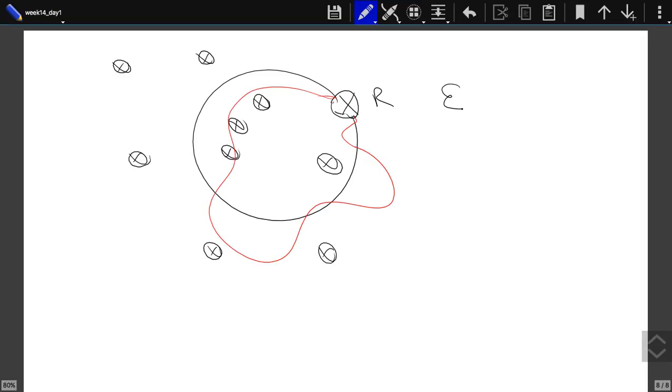This is the work done on a unit charge as it's going around one loop.